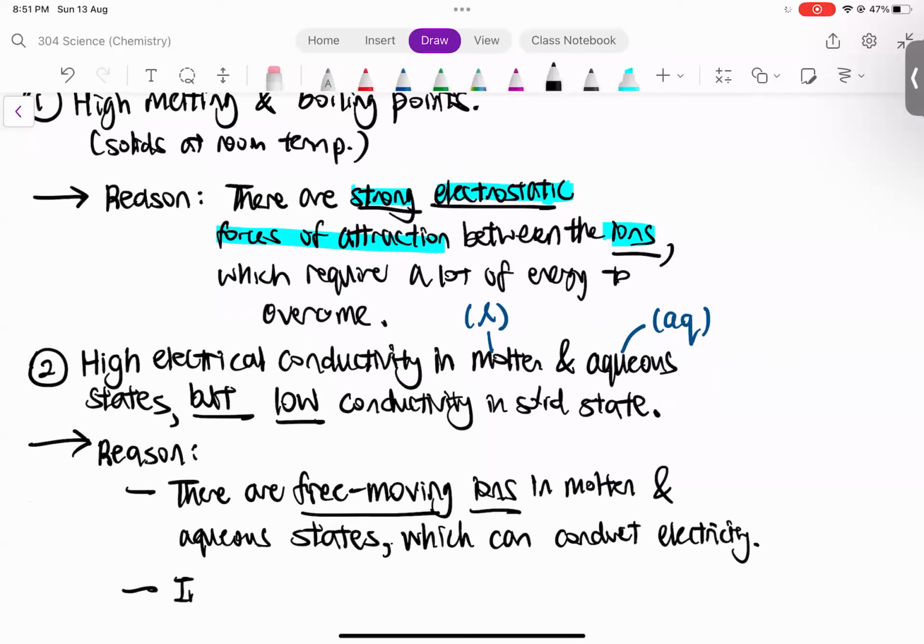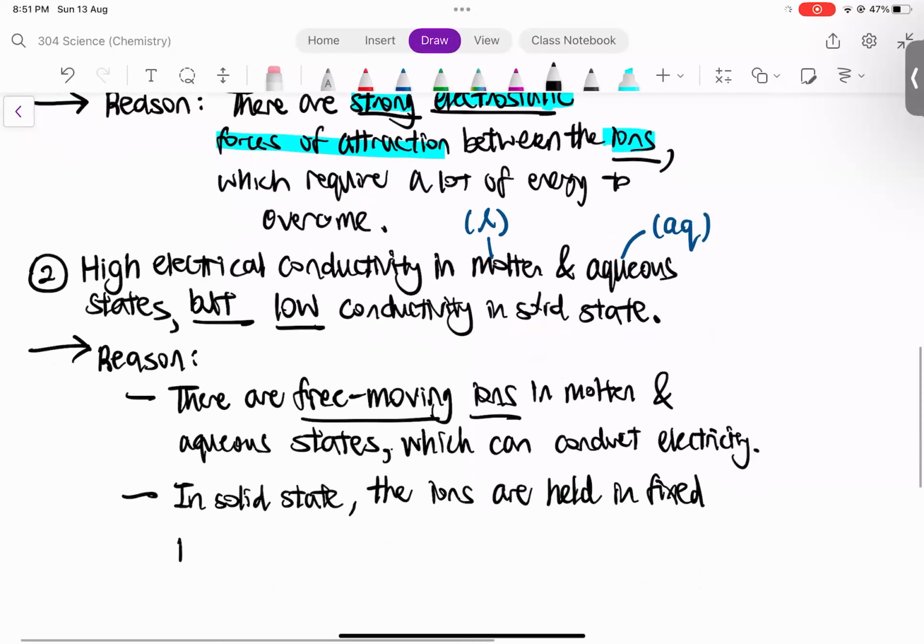But in the solid state, the ions are held in fixed positions and are not free to move. Okay, so importantly, you need to state both.